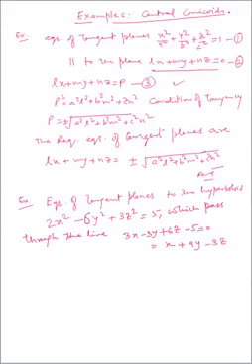सो इक्वेशन ऑफ हाइपरबोलॉइड को हम सिंप्लीफाई करके लिखें. दिस इज 2x स्क्वायर अपॉन 5 माइनस 6y स्क्वायर अपॉन 5 प्लस 3 अपॉन 5z स्क्वायर इज इक्वल टू 1. So let's say this is equation 1, these are equation 2, and this is 3.